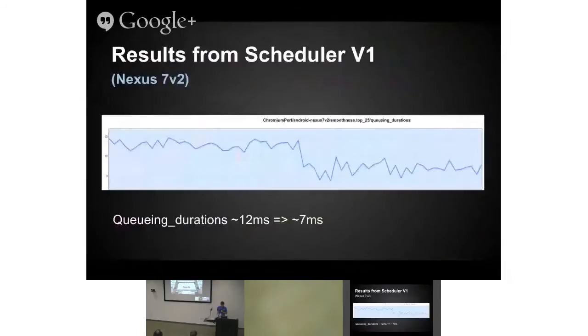So what kind of benefit do we get from doing this? Well, we did have the version 1 landed for a while, and we did see some improvements to the queue iterations metric that I was talking about earlier. We didn't see much of an impact on the mean input event duration, but that was mainly because the page sets we had at the time weren't doing as much main thread scrolling.